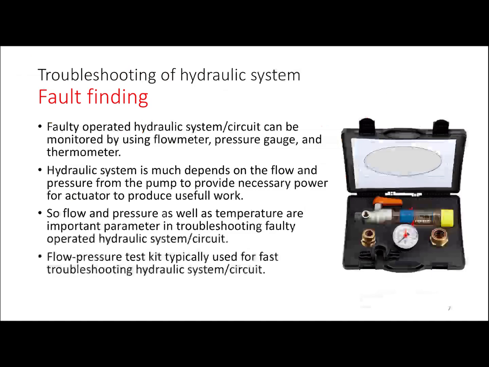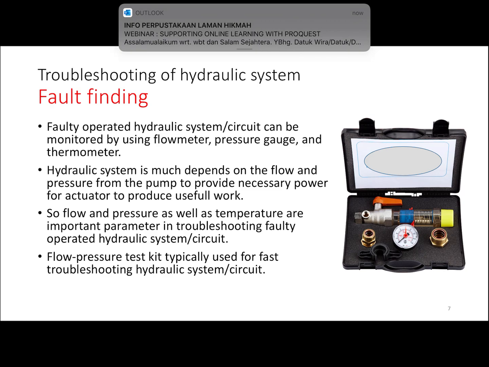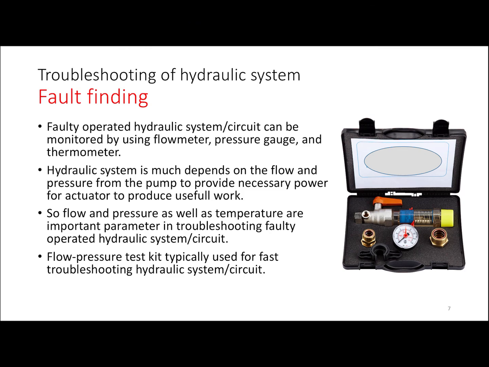Because a hydraulic system depends on the flow and pressure of the pump to provide the necessary power for the actuator to produce useful work. That's why this equipment, or these gauges, can be used to see what is wrong with our pumps.